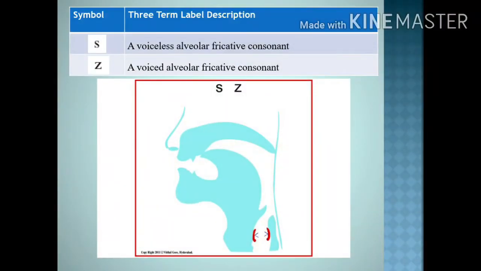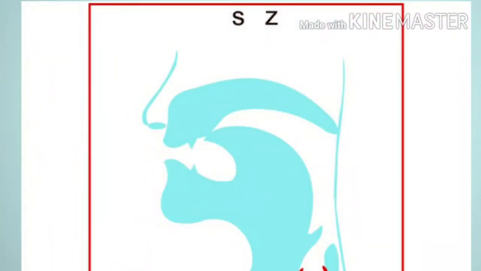Let us look at another pair here. S, z. S is a voiceless alveolar fricative consonant sound, whereas z is a voiced alveolar fricative consonant sound. Why do you call it alveolar? Again, go back to the place of articulation. The active articulator, the tongue, raises towards the teeth ridge or the alveolar ridge.